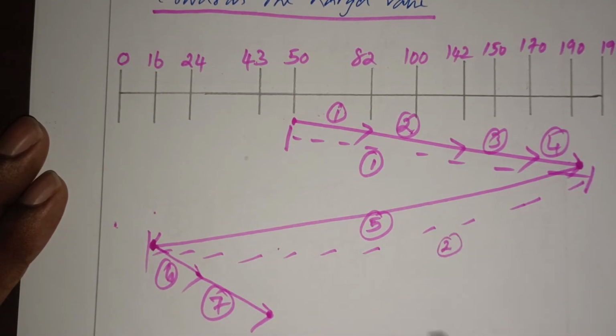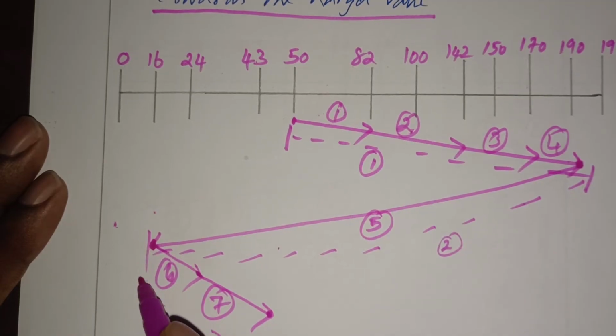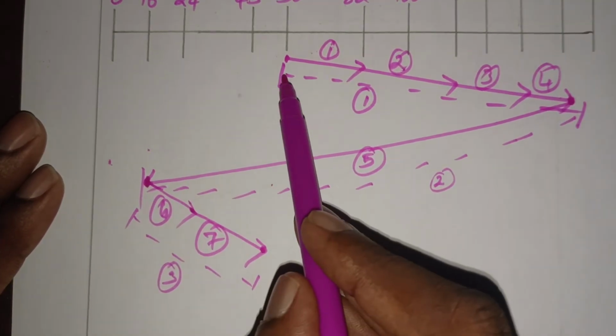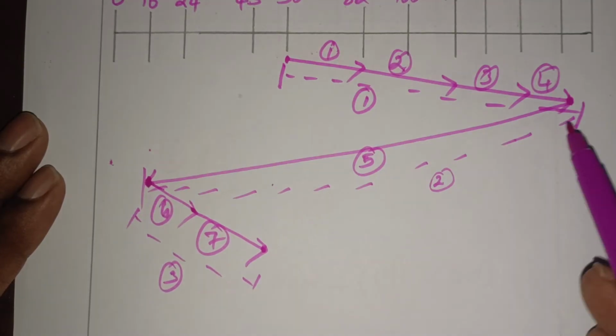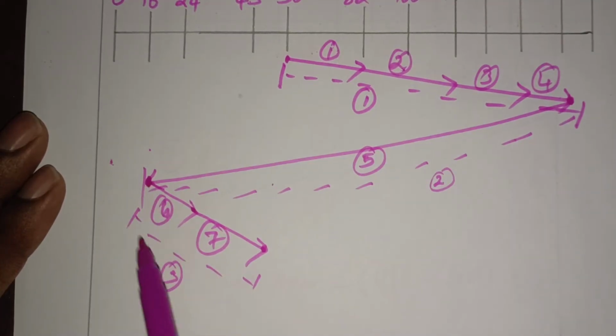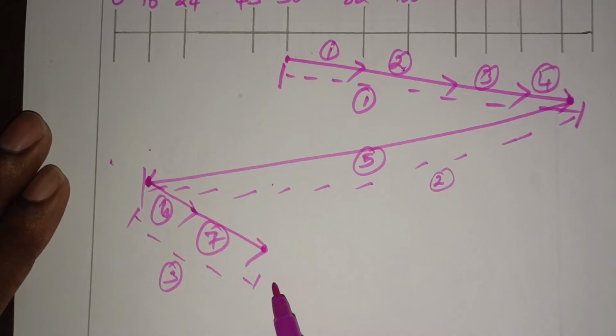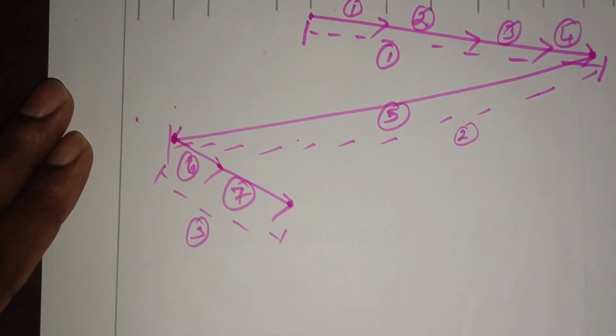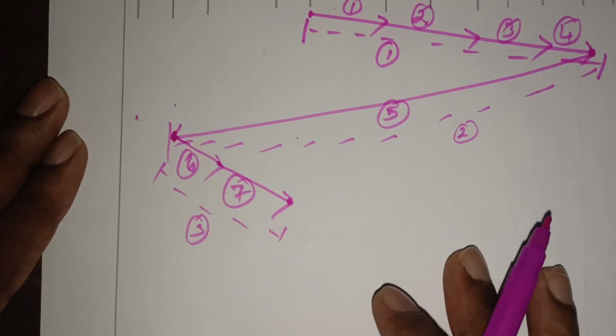This is number 2, and again it starts at 16 and it ends at 43. So this is number 3. So we have three stops: 50 to 199, 199 to 16, 16 to 43. This is the head movement sequence, so that we can calculate the total distance covered by the disk arm.